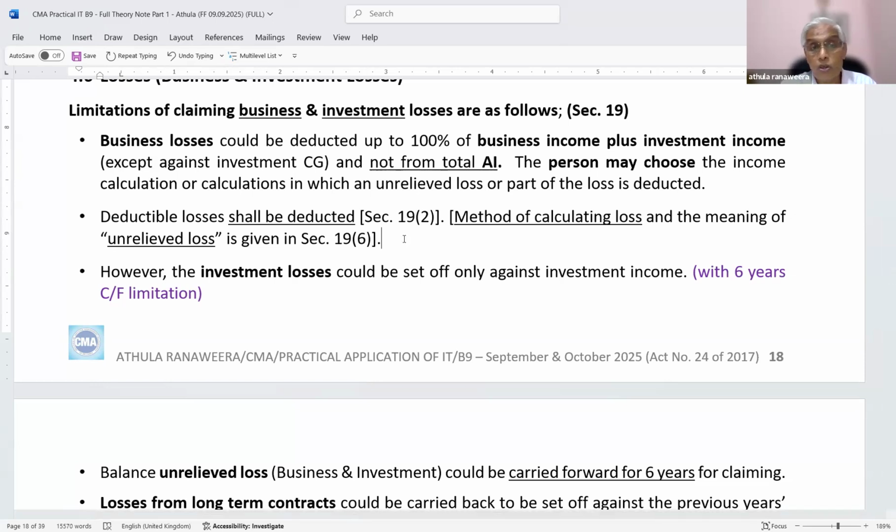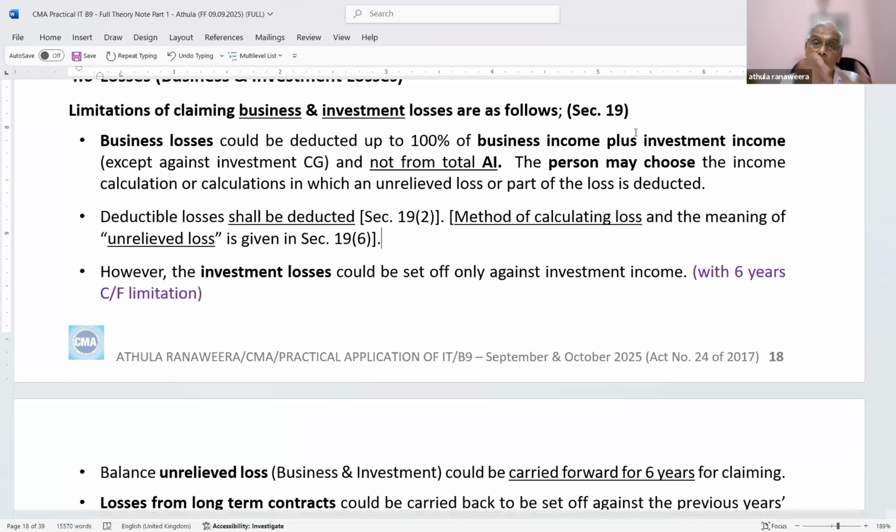Then deductible losses. As per the law, deductible losses shall be deducted. That means no option. Whether you like it or not, you have to deduct. Because some people might try not to deduct in the current year.